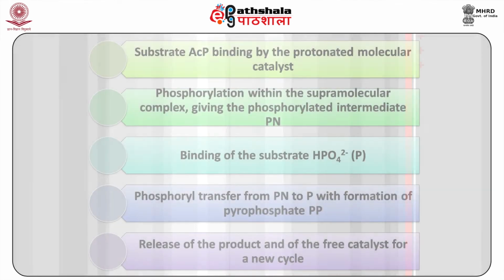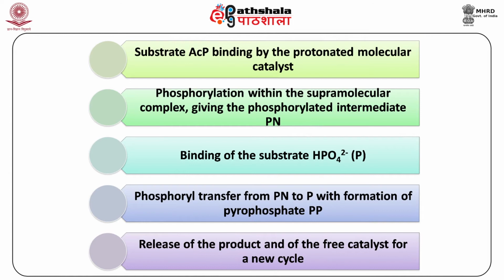Substrate consumption was accelerated and catalytic with turnover. That is, the first step is the substrate ACP binding by the protonated molecular catalyst. Second is the phosphorylation step within the supramolecular complex, giving the phosphorylated intermediate PN.